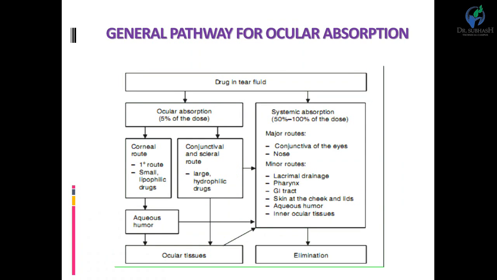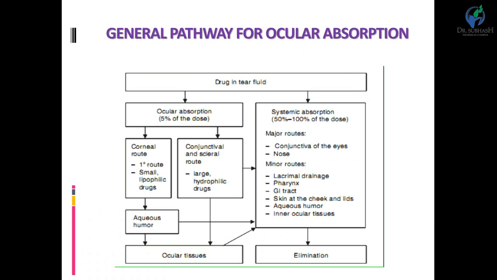Here they represent the general pathways we have to see, the corneal and non-corneal transports. Of the drug in the tear fluid, about 5% of the dose goes for ocular absorption through the corneal route, and the non-corneal route is through the conjunctiva and sclera. In the corneal route, small lipophilic drugs go for that. In the non-corneal route, large hydrophilic drugs go to the vitreous humor.